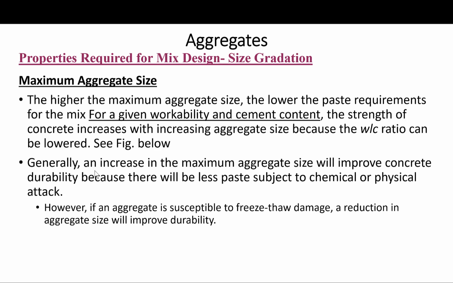You need better workability, you need more strength, you need less cost. Of course, durability is always a key. So there are always many factors, many variables to consider. And as I said, there is always a compromise that can be made in fulfilling all requirements.